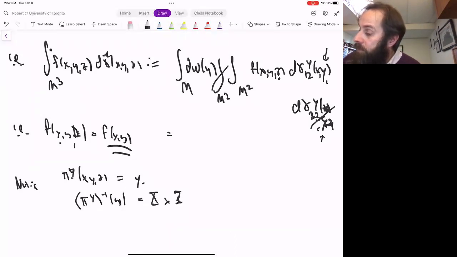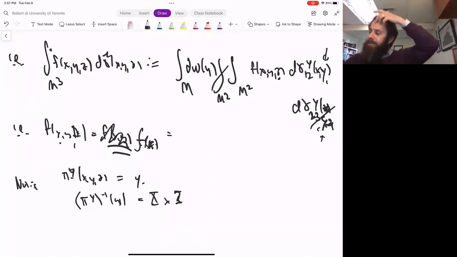But maybe that's not the point. Maybe the point is: let f be a function of x only. Well, clearly that works, I get mu plus is my left marginal. If f is a function of z only, I get mu minus is my right marginal. But okay, I'm out of time, so let me try to clean the rest of this proof up next class, and I'll wind it up there.